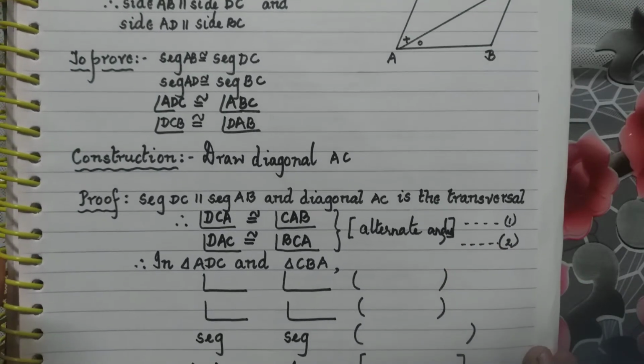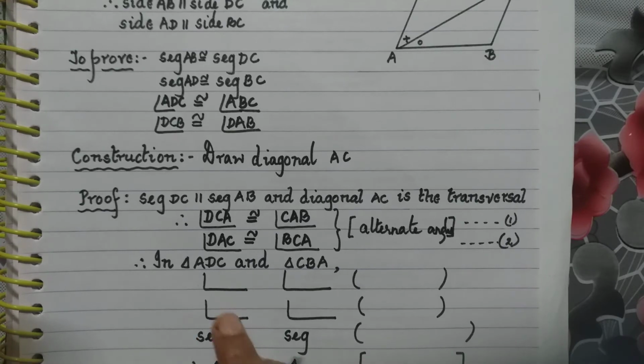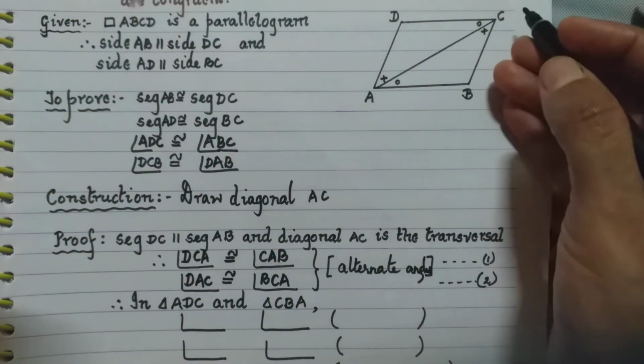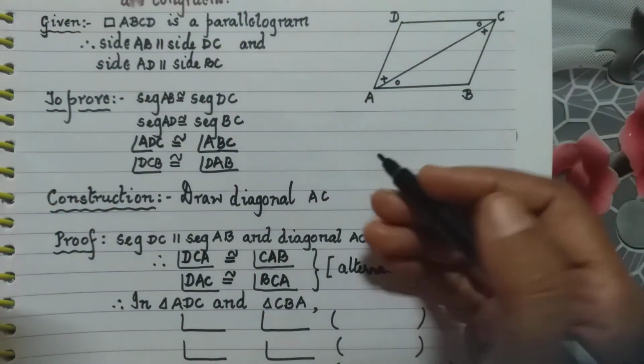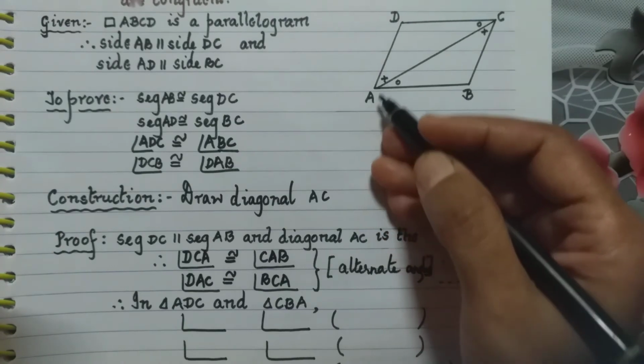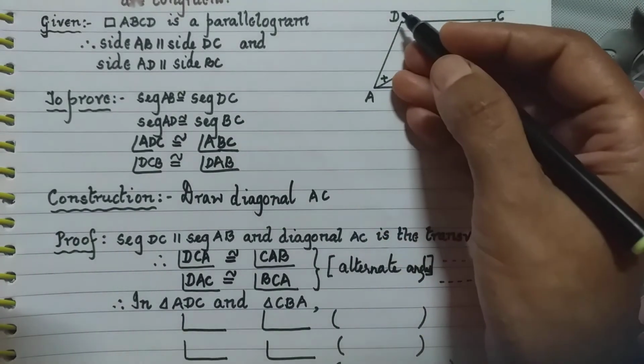Okay, now we consider the two triangles which are formed because of this diagonal. Which are the two triangles? Triangle ADC.